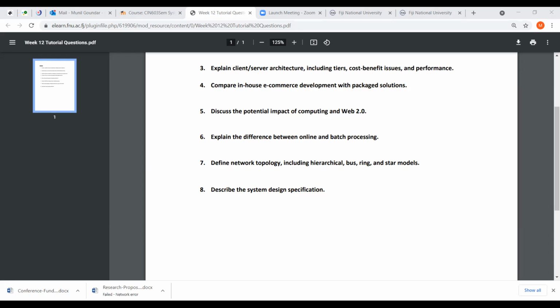And next up, put down a subtopic and write down cost-benefit issues.